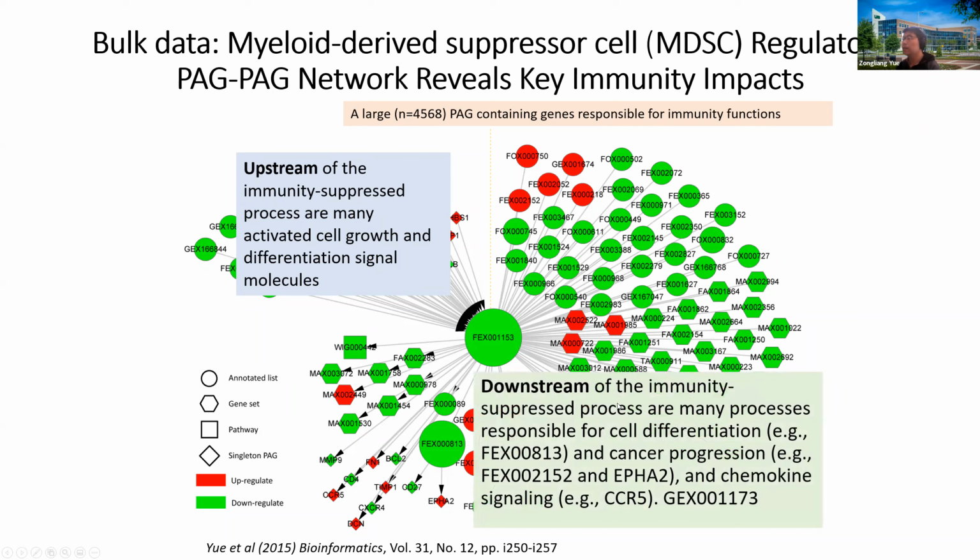And the downstream is related to the immunity suppression process, such as the response process for cell differentiation, cancer progression, and chemokine signaling, with the highlighted gene CCR5 here.